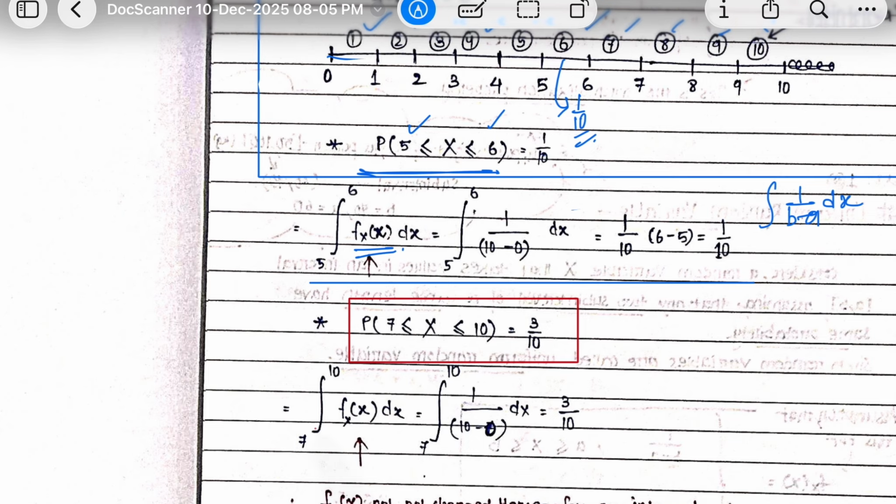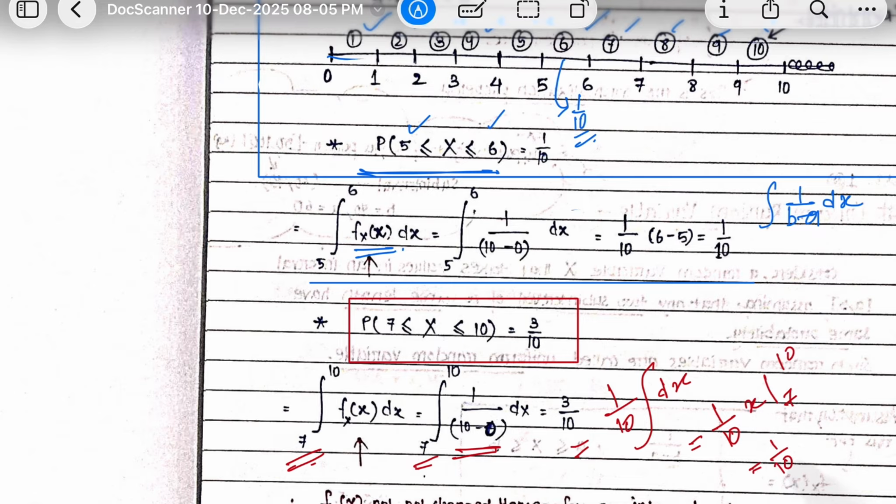So you have 7 to 10. You will be calculating from 1 by 10 minus 0. That will be your value. Try it first, then see my answer. It will be the integration of dx, and this value came out. Here there is no x. It will be from 7 to 10.